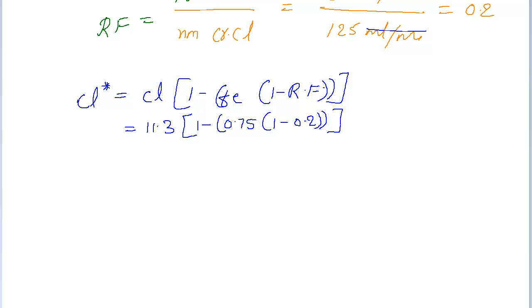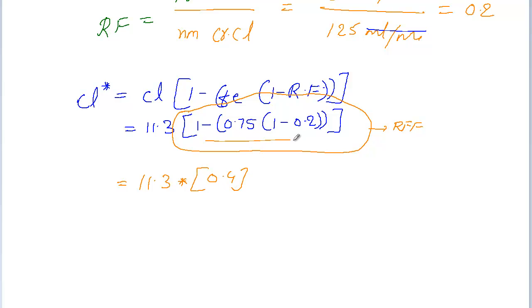What I'm going to do is calculate just this particular part, and I'm going to call it the renal fudge factor. If you solve this part, you'll get a value of 0.4, by the way.